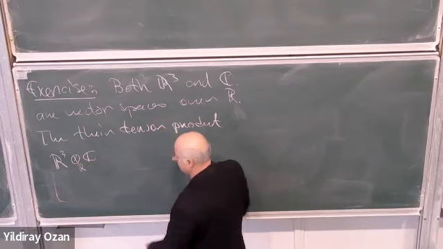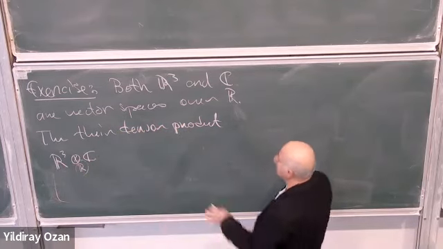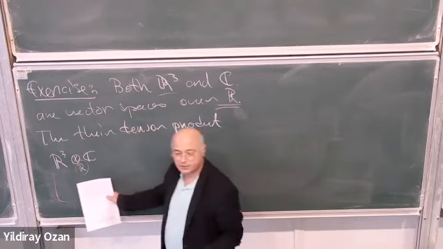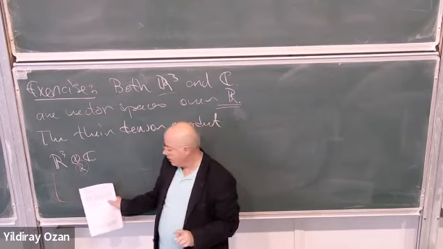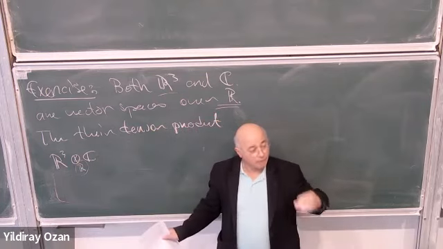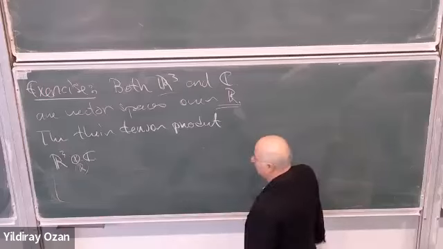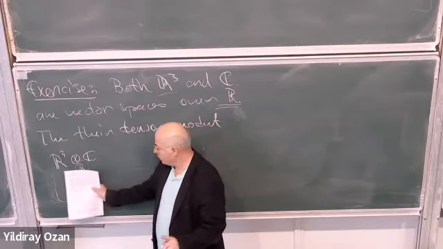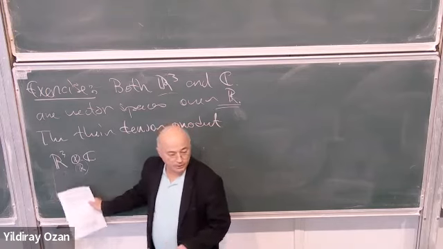You don't have to put this because I already said these are vector spaces over R, but sometimes it is good to put this notation to indicate that these are considered as vector spaces over R. But our claim is the following: if you take the tensor product over R, then this becomes a complex vector space.